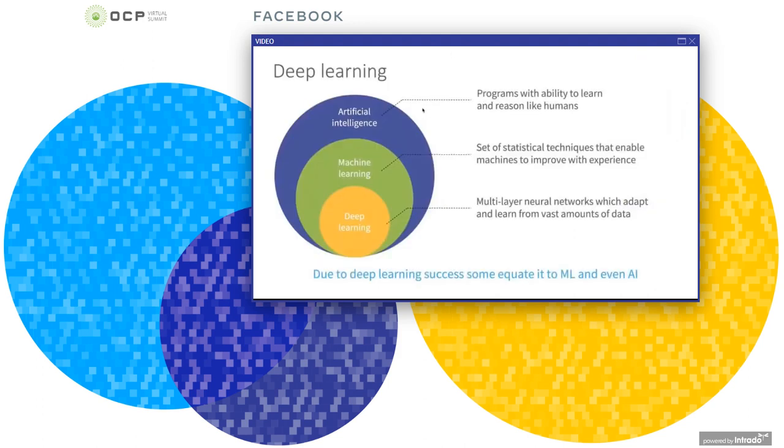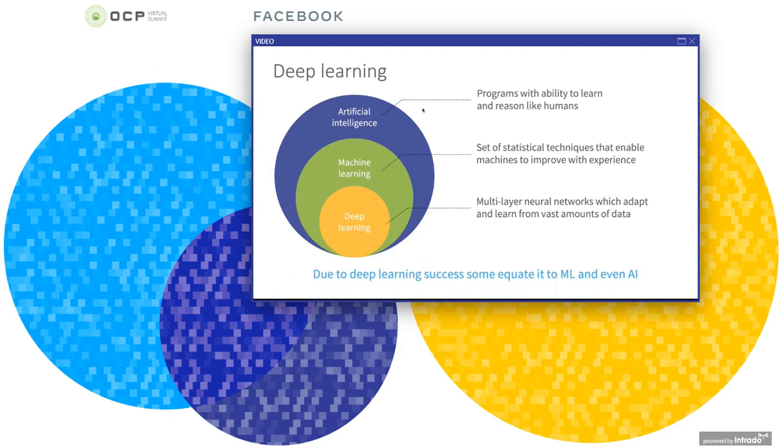First of all, let us delineate the difference between deep learning and artificial intelligence. Artificial intelligence is a large field which studies programs with ability to learn and reason like humans. Machine learning is a subfield of artificial intelligence which studies a set of statistical techniques that allow machines to improve with experience.